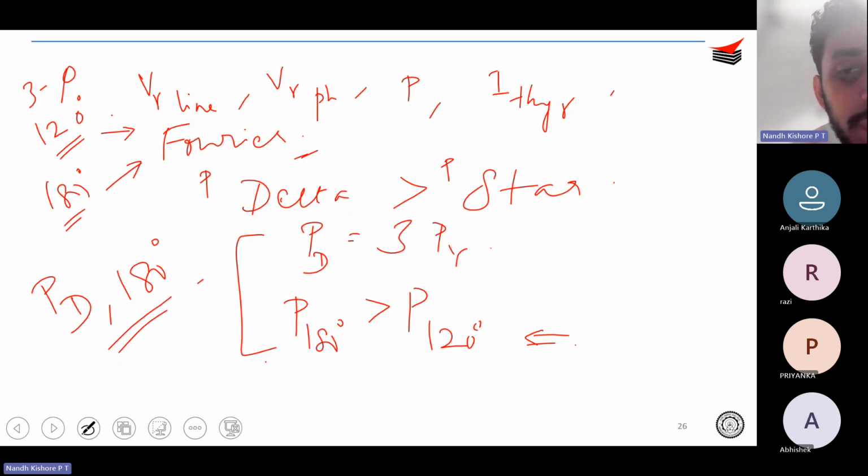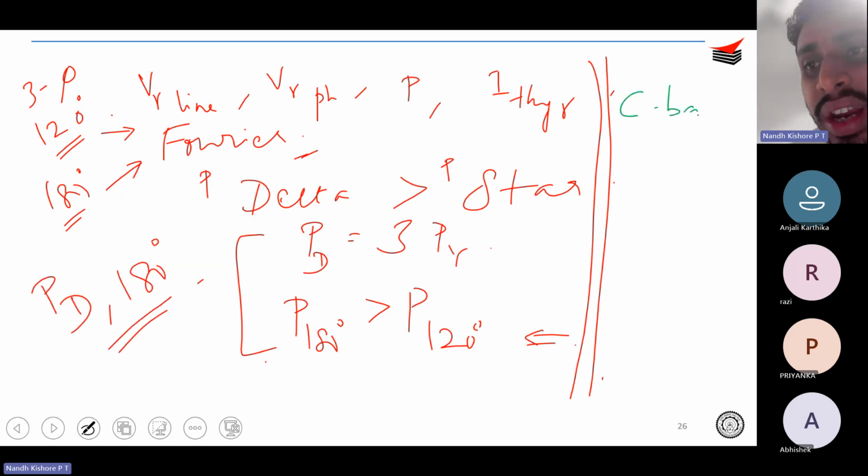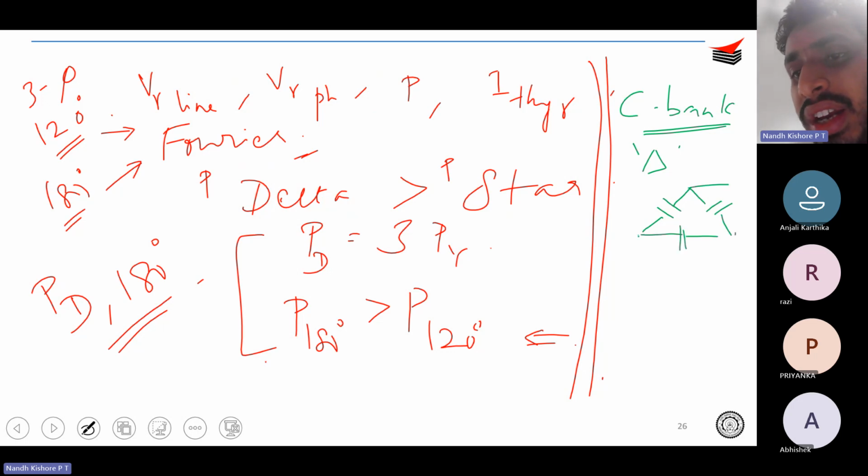So typically, this is why you will see that capacitor banks in your power systems are connected in delta configuration. The reason is that you can get more reactive power.